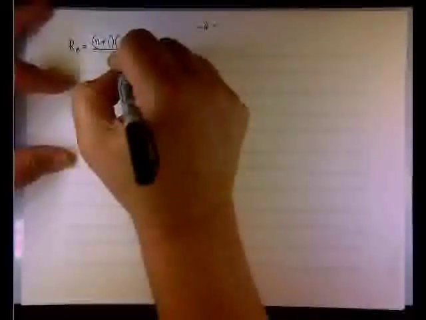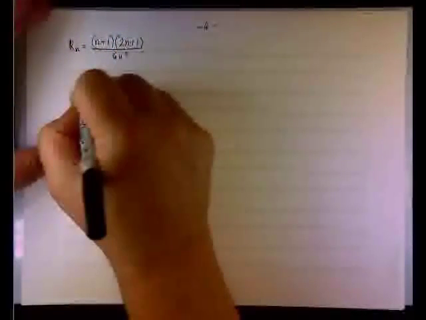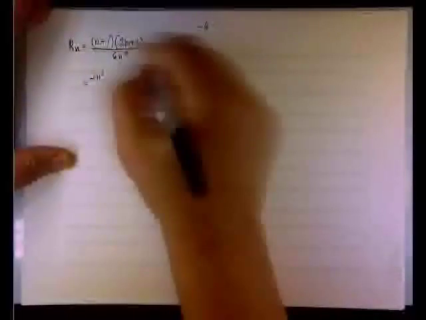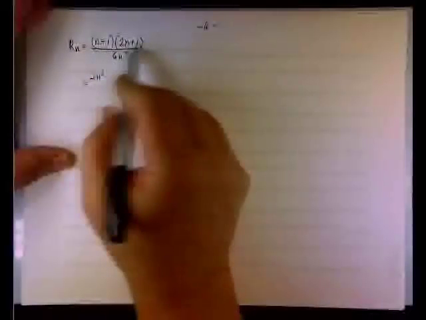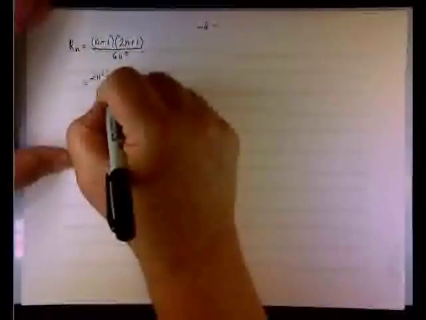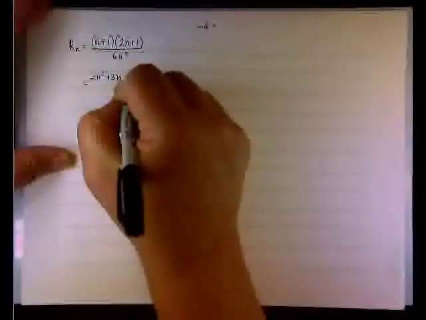R sub n, we end up having n plus 1 times 2n plus 1 divided by 6n squared. Clear the parentheses and get n times 2n is 2n squared, 1 times 1 is 1, and in between we have n times 1 plus 2n, so 3n in the middle.